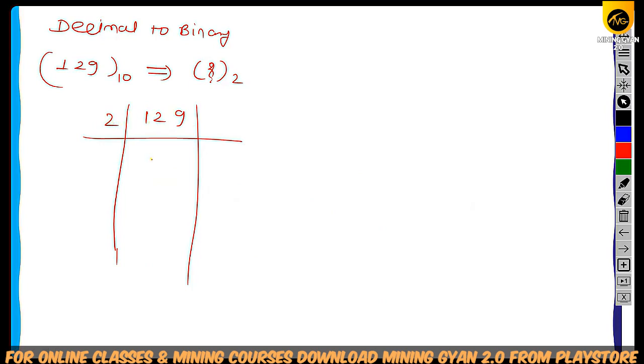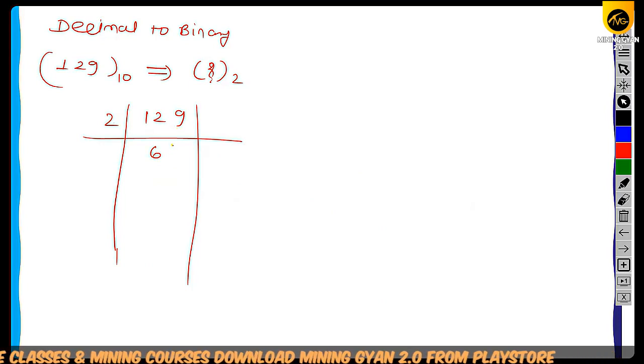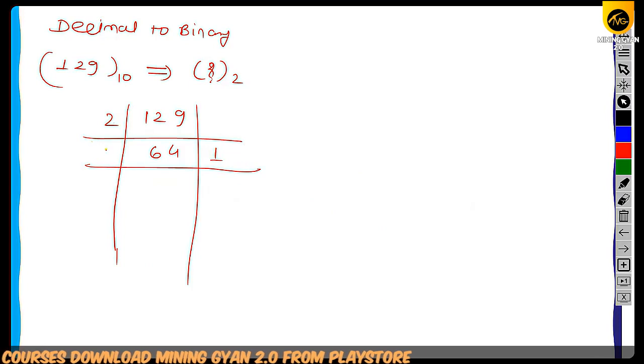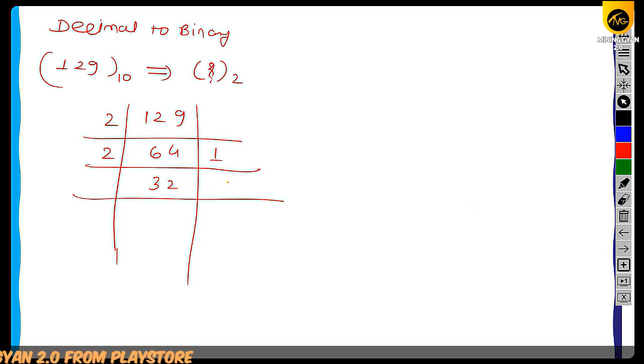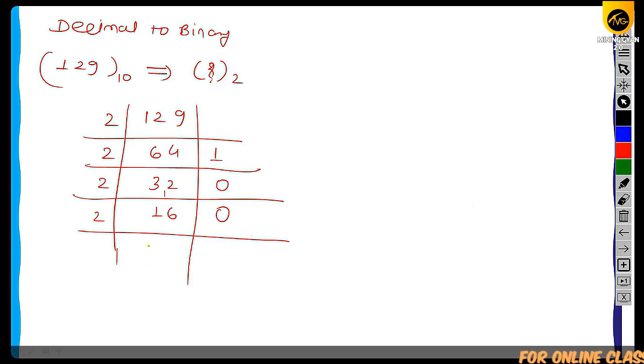Now 2 sixes are 12, and 2 fours are 8. There is one remainder, so 1. Now again divide by 2, it will be 3 times, and this 2 times. Now there is no remainder, so 0. Again 2 ones are 2 and this 12, so 6, no remainder, 0. 2 eights, there is no remainder.